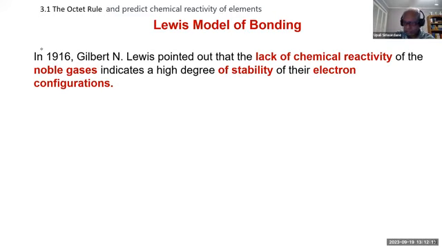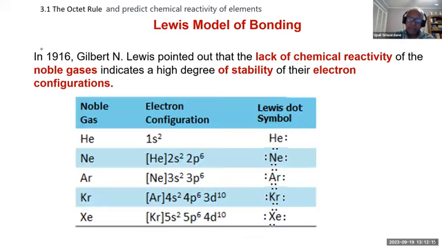They have stable electronic configurations. If you look at noble gases, the last column on the right of the periodic table, helium, neon, argon, krypton, xenon, radon, they all have an octet of electrons except helium.